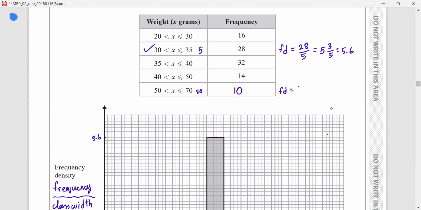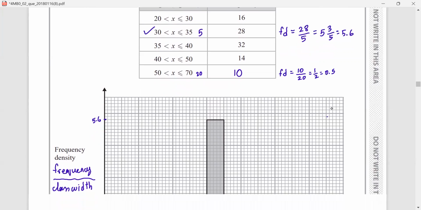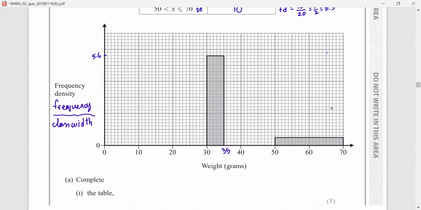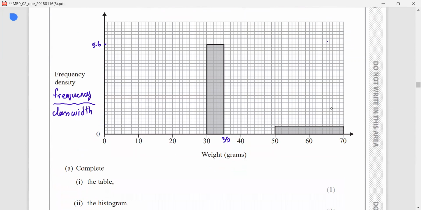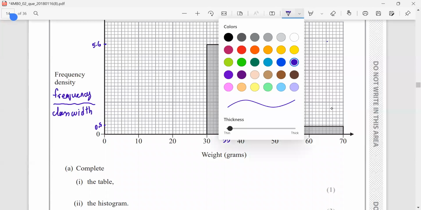Frequency density is frequency 10 divided by class width 20 equals half, 0.5. So height of this bar is 0.5. This is half, 2.5 unit is 0.5. So now we will label the vertical axis.